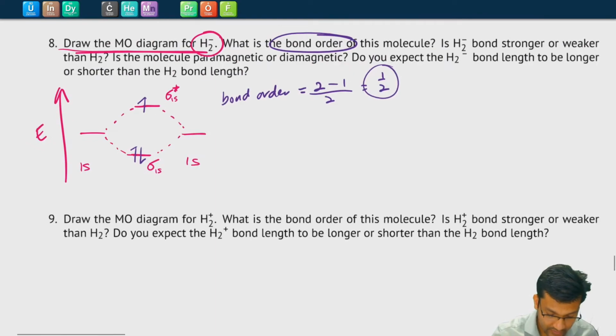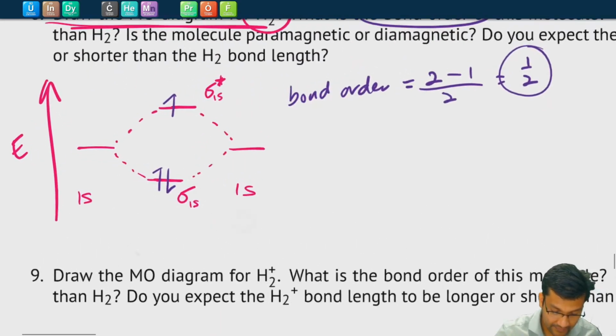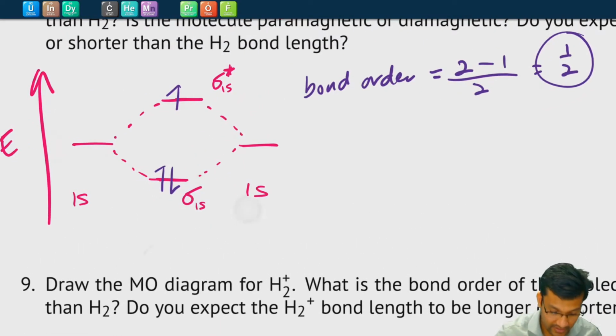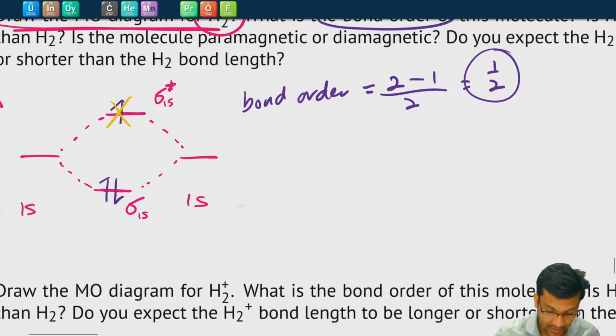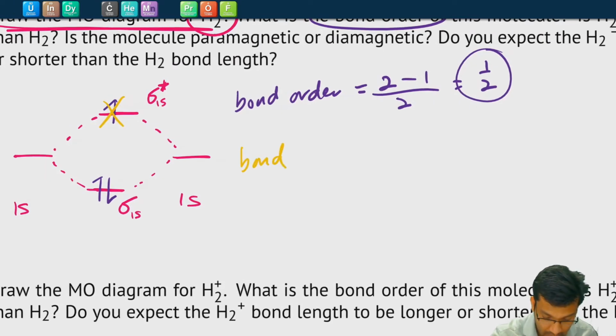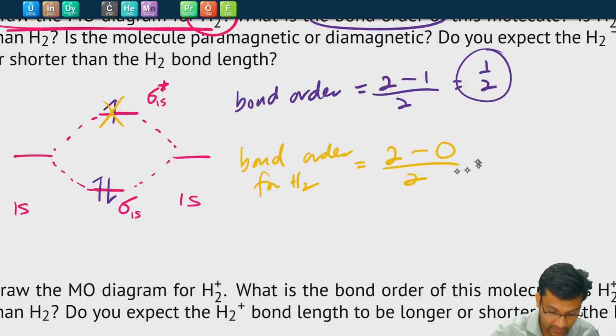Well, in regular old H2, we would only have 2 electrons instead of 3, so we wouldn't have had this electron here in this antibonding orbital. So the bond order for H2 would have been the 2 bonding electrons minus 0 antibonding electrons over 2, which will just give us a value of 1. And we know that.